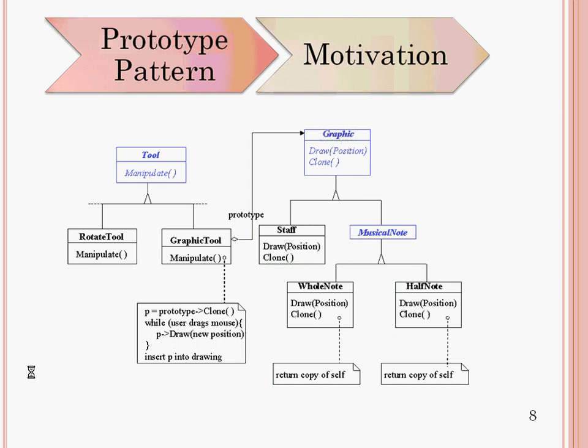When a graphic tool is to create a new component, it will just clone the prototype. It will not be aware of what it is pointing to. It will just call prototype clone. So I can go on adding any number of types of music components without modifying the creator class. Is this clear? Any questions on this?